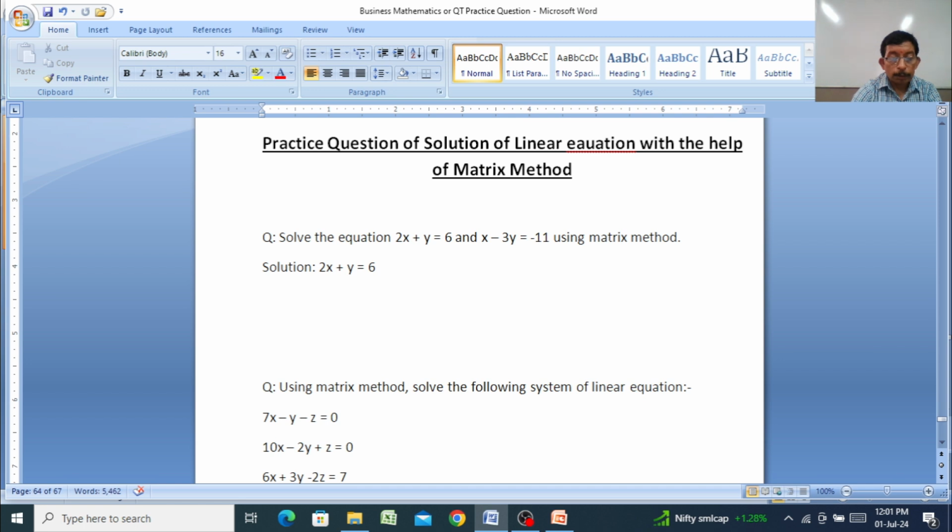x minus 3y is equal to minus 11. This is the first equation, and this is the second equation.